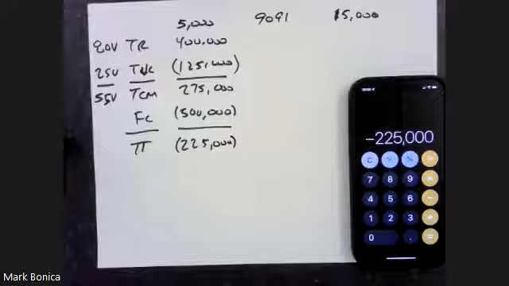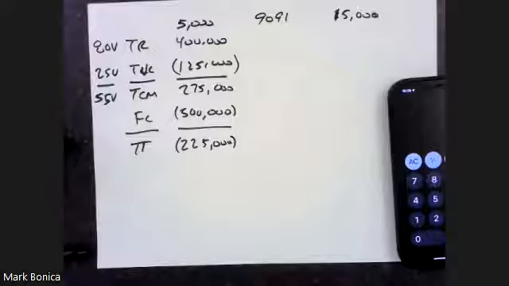Now, if you were doing this for real, you'd do it in Excel and it would take you 3 seconds, right? But we're doing it by hand because we're in class. You're repeating the same logic. Total revenue now at 9,090, a volume of 9,091.